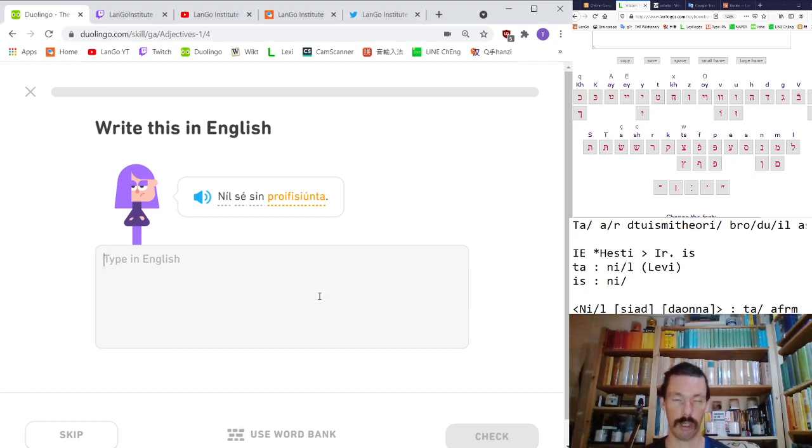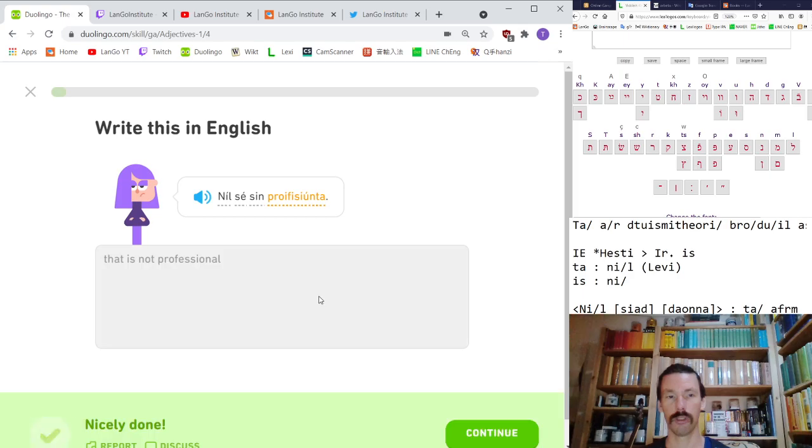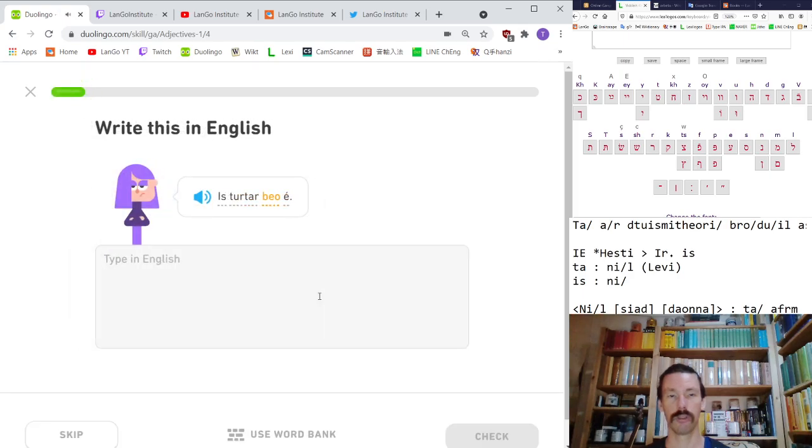She, shin, that going there reaffirms that. It is that, we'll say for the she, shin, is not proficient, professional. Is turtar beo. Living. A turtle that is living. It is a living turtle.